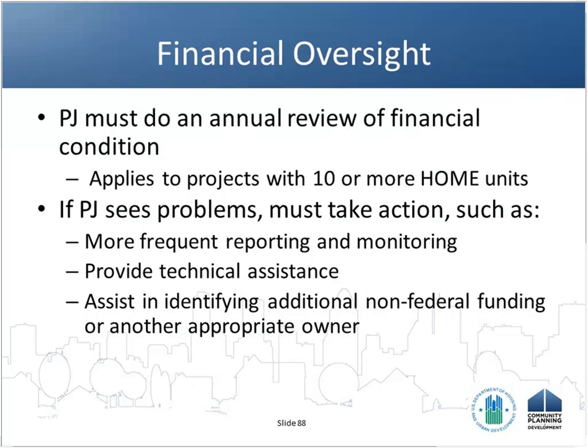So as part of this, the PJ needs to be really concerned about, is this project really continuing to be financially viable? On the front end, when the PJ funds that project, they're doing their best on underwriting and subsidy layering to make sure that they funded a project that they believe will be stable throughout that affordability period.